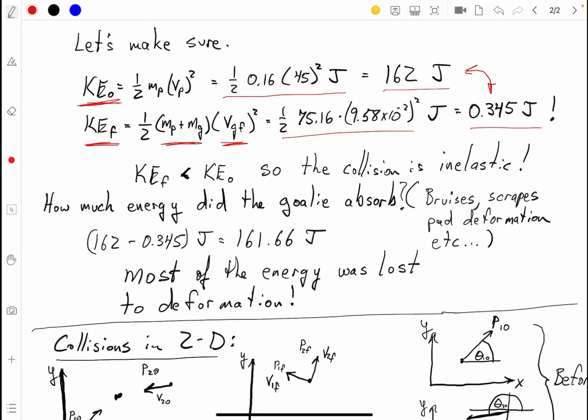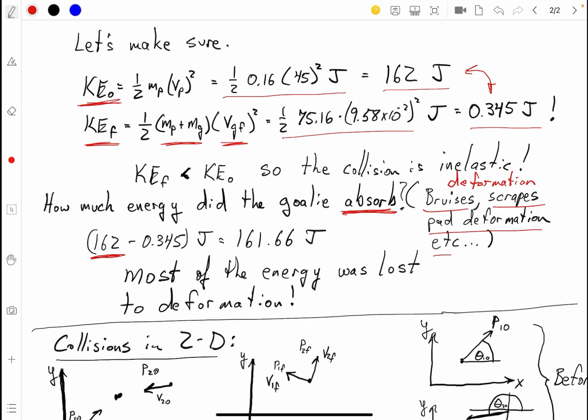We lost energy. How did we lose energy? The goalie absorbed it, and that goes into deformations. So let me write deformation. The goalie is deformed afterwards. They get bruises. They get scrapes. The pads deform. All kinds of stuff happens, right? And how much energy did the goalie absorb? Well, we just figure out the difference.